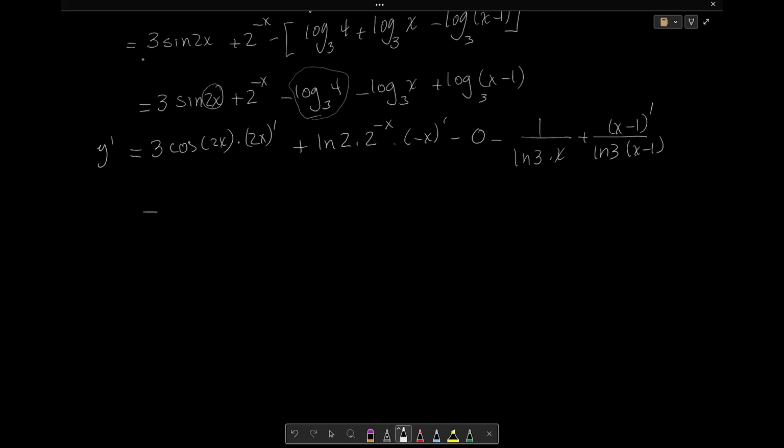Let's simplify. Derivative of 2x right here is 2. 2 times the 3 out here is 6 cosine 2x. Plus, actually it's minus. The derivative of negative x is negative 1. So this changes the sign here.